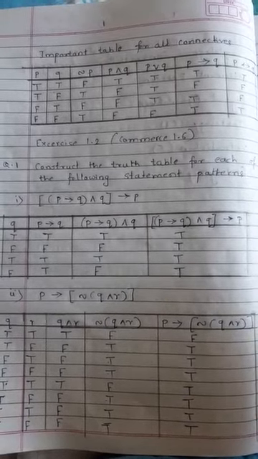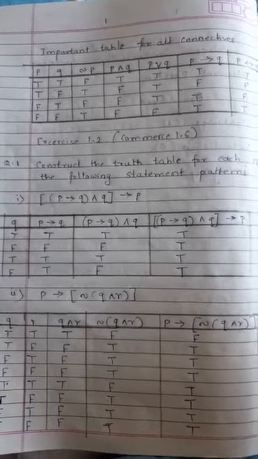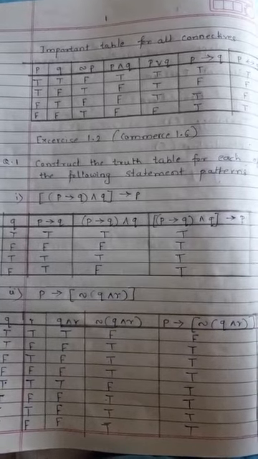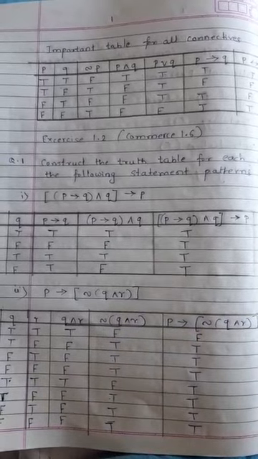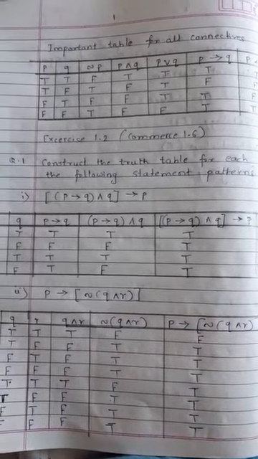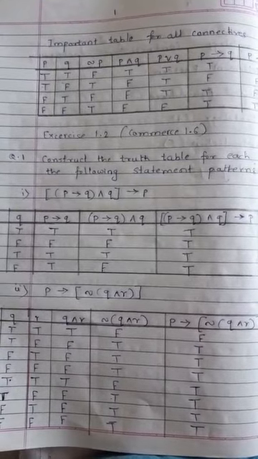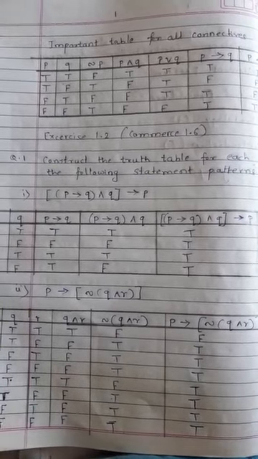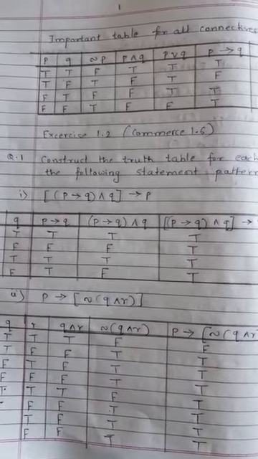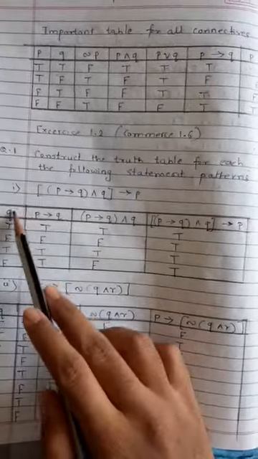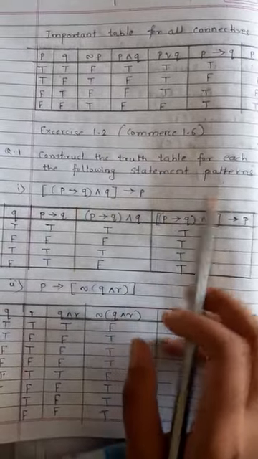Yesterday we saw the definition: a proper combination of statements and connectives. What are the statements? P, Q, R. These are statements, and the connectives we know: and, or, negation, implication, double implication. So this combination is a statement pattern.